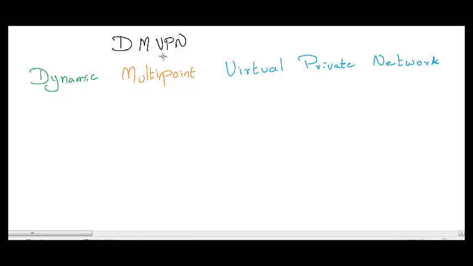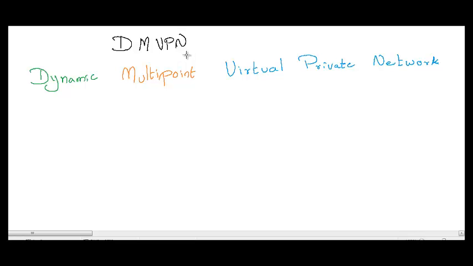So instead of GRE point-to-point, we have GRE multi-point. We call it Dynamic Multi-Point VPN, DMVPN. It is not a secured VPN by nature. But we can add IPsec to this to provide security.